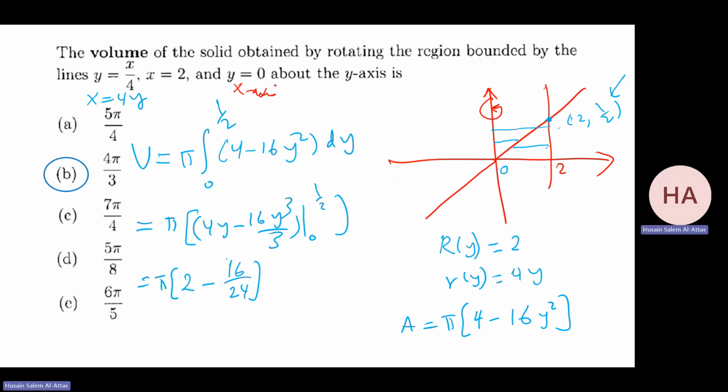That's 3 times 8. So 8 will make it 2, and this will make it 3. So I have 4 over 3 pi, or 4 pi over 3. 2, which is 6 over 3, minus 2 over 3 is 4 over 3.